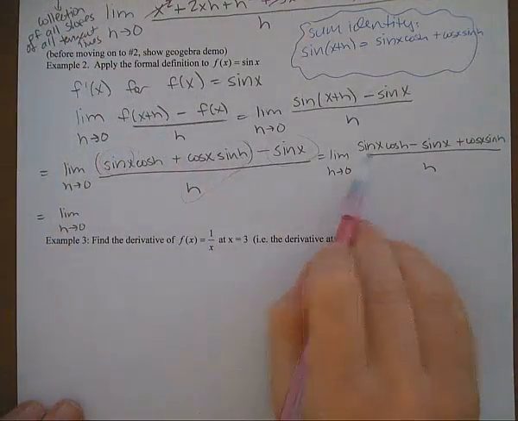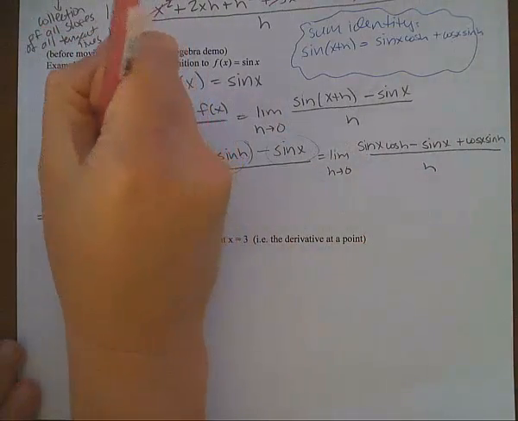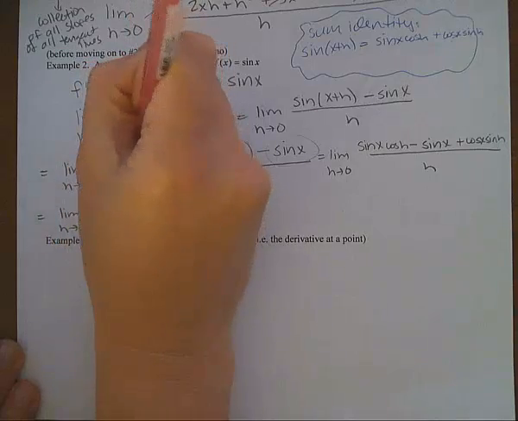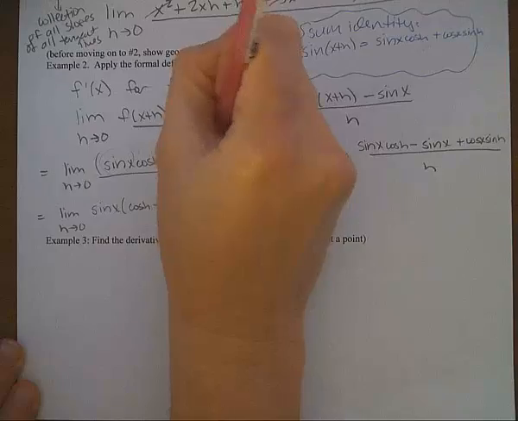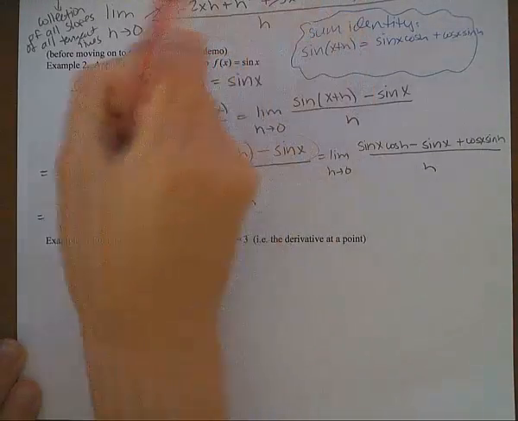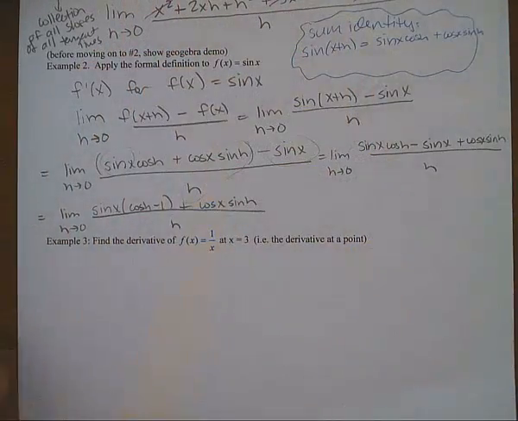Then I'm going to factor out a sine x that these have in common. And then I have cosine x sine h all over h.